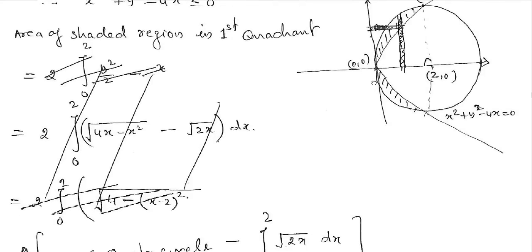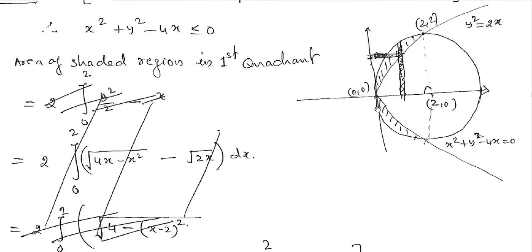What I initially thought is how to calculate the area. So first, if we take the area by integration, then we were getting this. Even we can calculate this integral, but this is a very lengthy method.